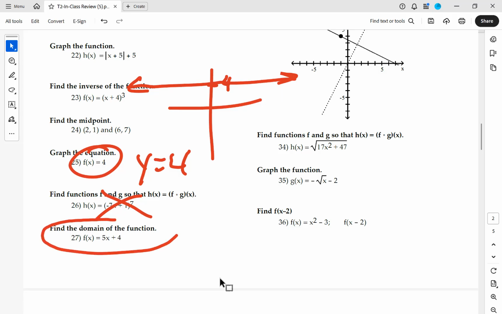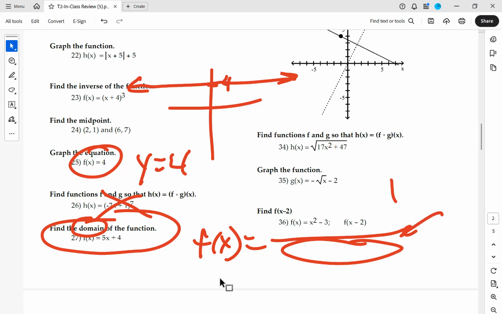This one here, when you're finding domain, as far as we know at this point in the course, if you do not have a fraction, and specifically a fraction where the denominator has a variable in it, and if you also don't have a radical, then the domain is guaranteed to be negative infinity to infinity.